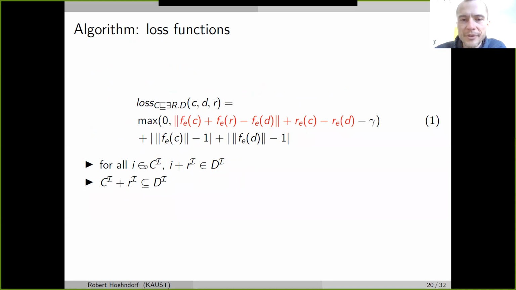What this loss tries to achieve is that, intuitively, if you look at the last line, the n-ball of C, the interpretation of C, transformed by R, so plus the embedding of R, needs to lie within the n-ball of D. This is what this loss function is trying to achieve.